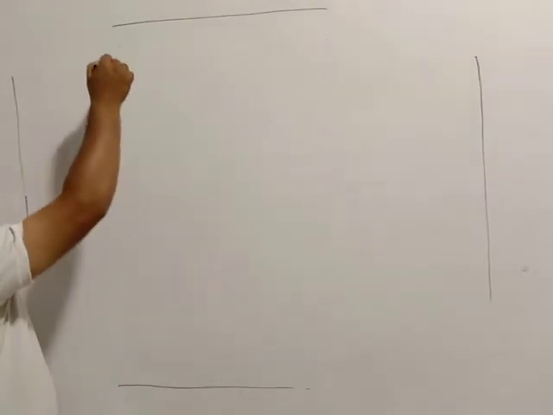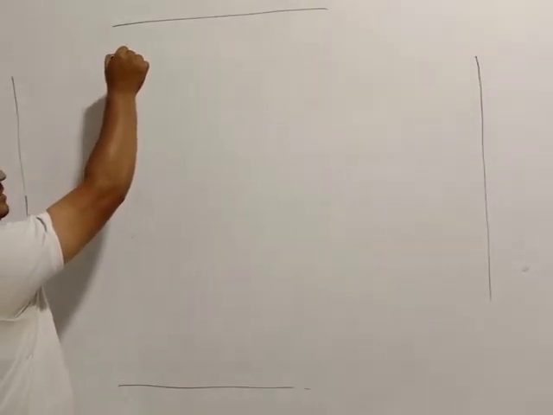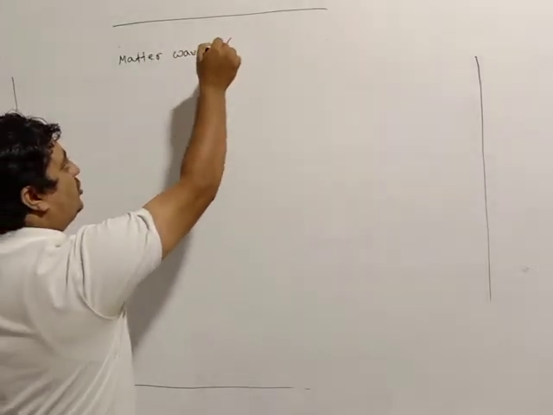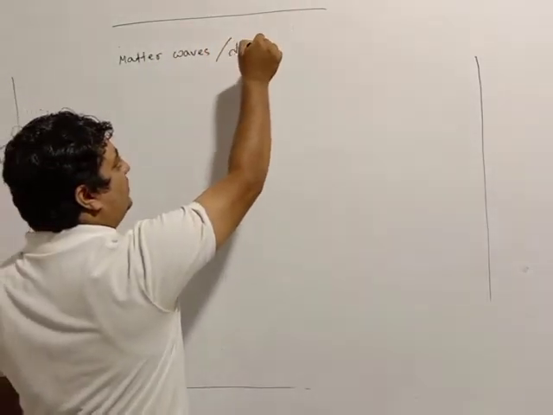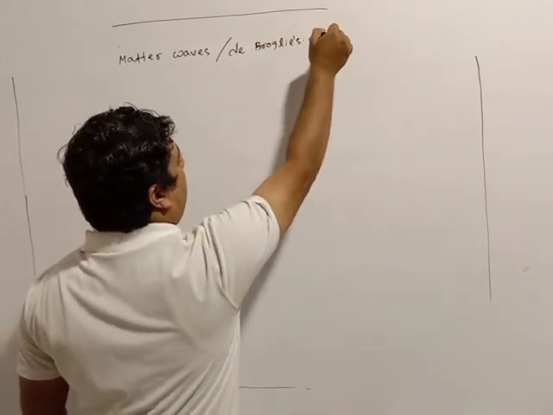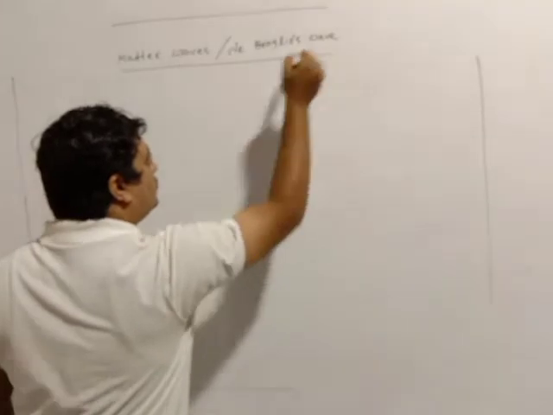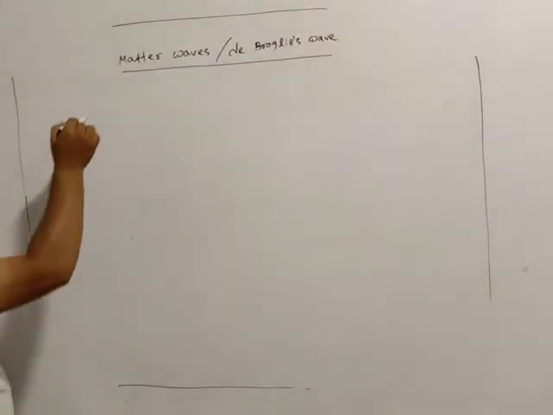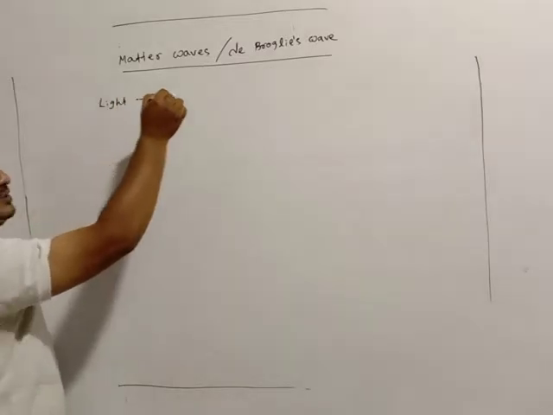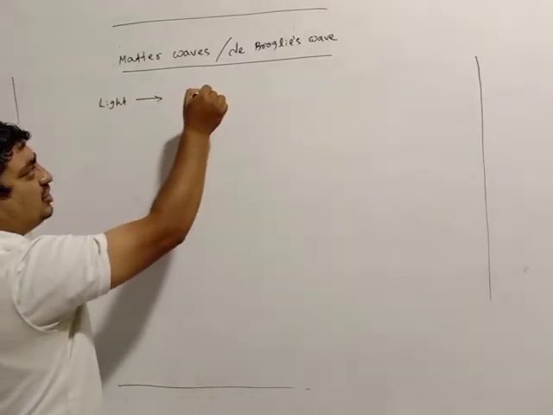Dear students, today we will go for matter waves, or that is called de Broglie wave. So, in photoelectric effect, we observed light shows particle-like nature.